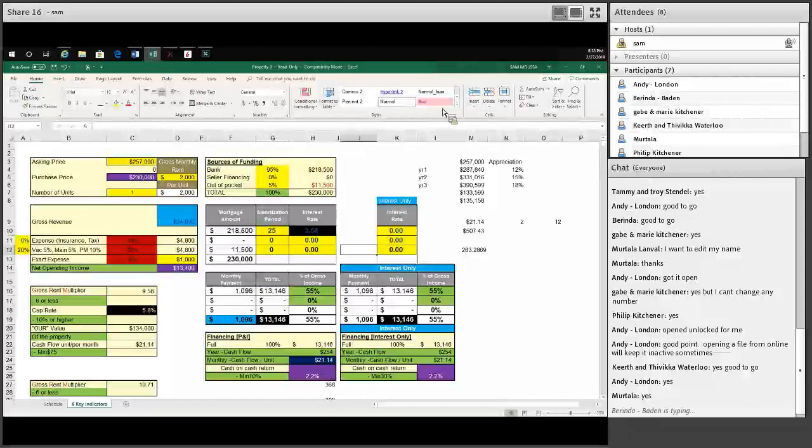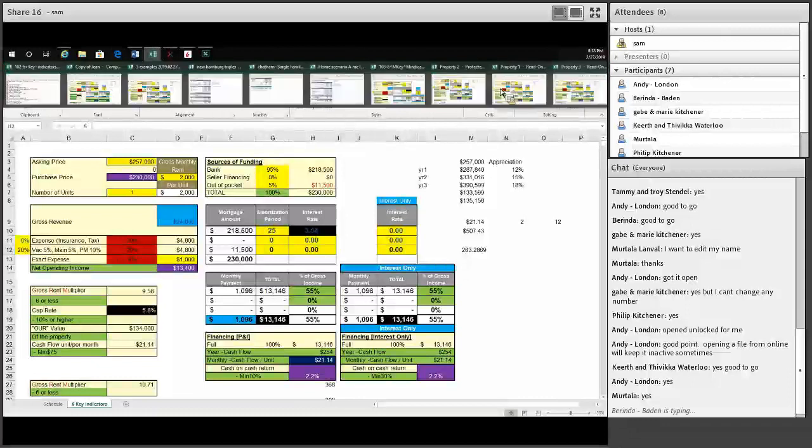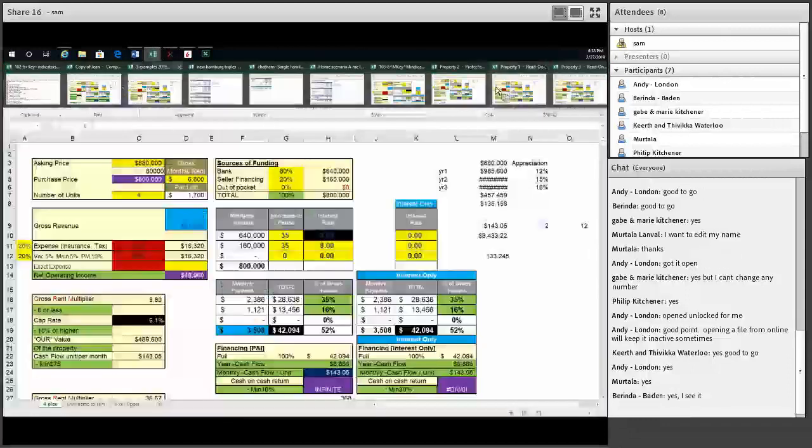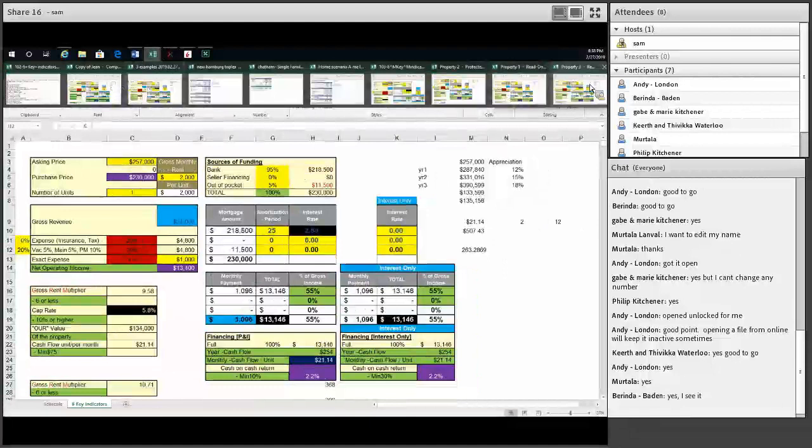Does everybody see that? Nice and big. Everybody sees it? Good. Okay.